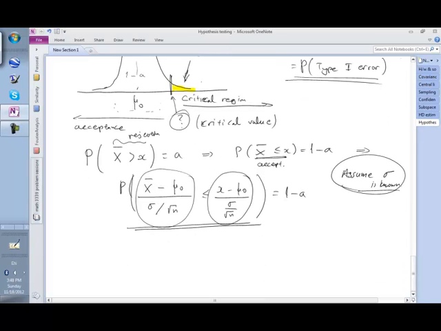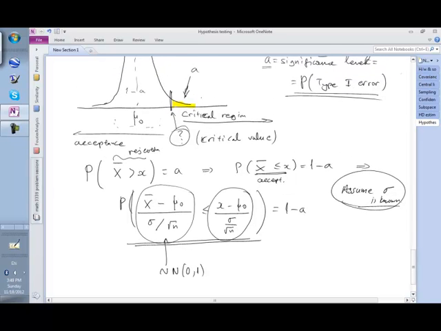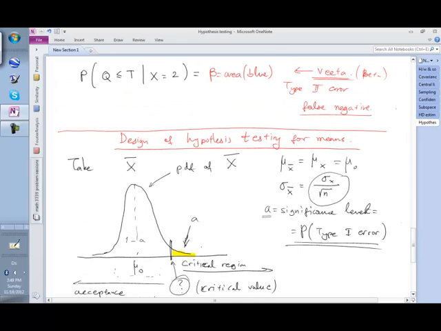But since this quantity is approximately normally distributed by the central limit theorem, when n is sufficiently big, let's say bigger than 30, then x bar, when it's standardized, has approximate standard normal distribution, because x bar has normal distribution with which parameters?